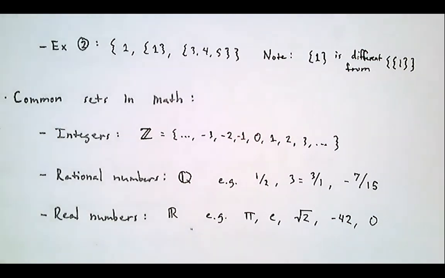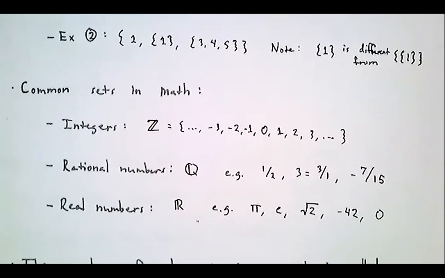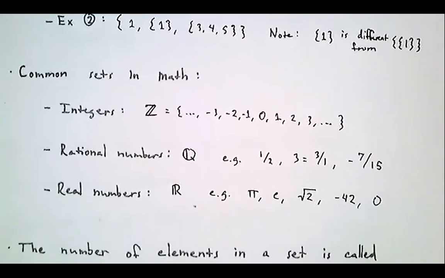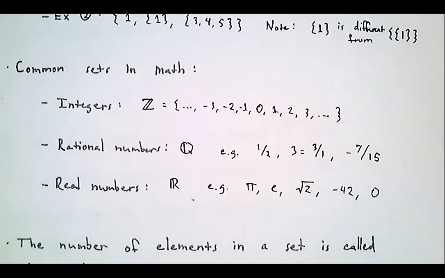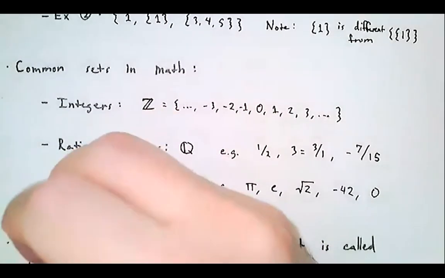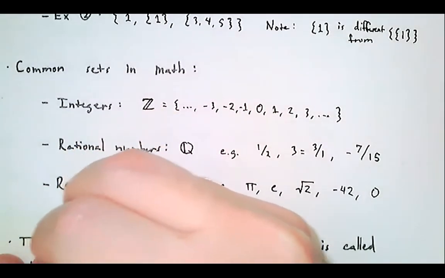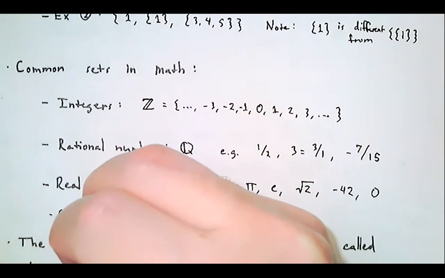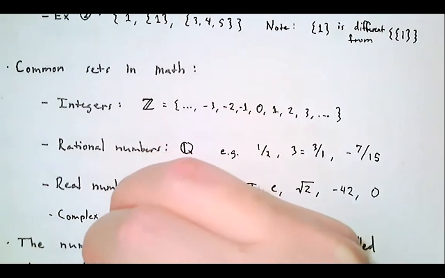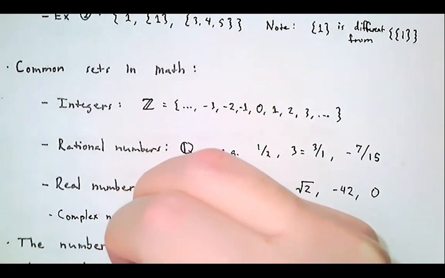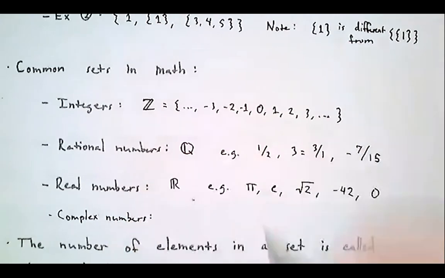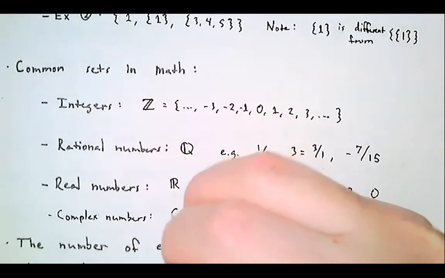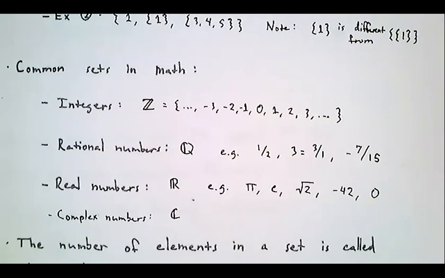Okay. So I left the complex numbers off of my list because we aren't going to have much opportunity to talk about them in this class. But if you're interested in the complex numbers, they also have their own symbol. And it's a C with a line through it.